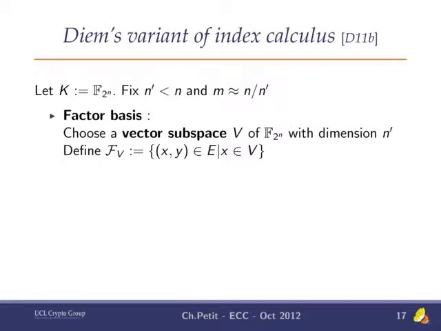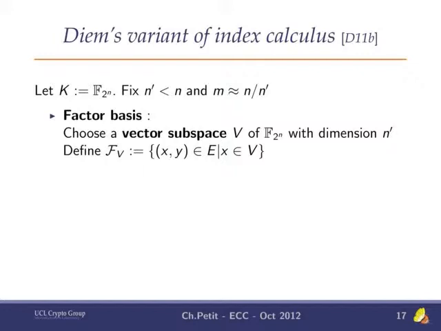So the next step was done by Diem again. In the case where n is prime, instead of taking V equal to a subfield, so there is only one subfield, which is F_2, he suggested to choose V as a vector subspace of F_2^n. So you fix some n' smaller than n, of course, and some m, which is such that m times n' is equal to n, more or less.